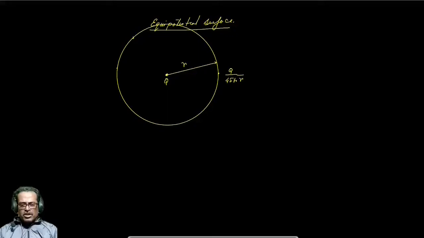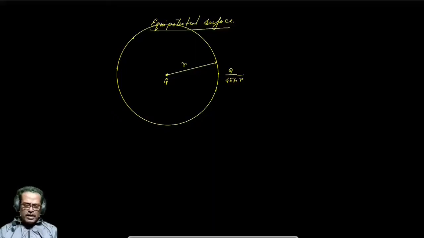Therefore the potential difference between two points on the sphere is 0. As there is no potential difference, if we want to move any charge on this spherical surface, we need not do any work. That is why this surface is called an equipotential surface.